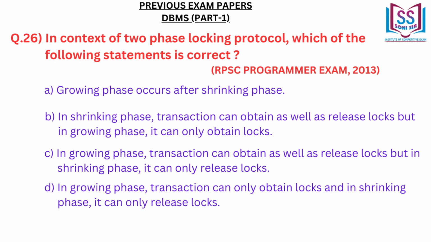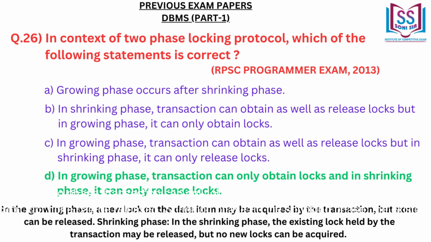C. In growing phase, transaction can obtain as well as release locks, but in shrinking phase, it can only release locks. D. In growing phase, transaction can only obtain locks, and in shrinking phase, it can only release locks. Correct answer D.